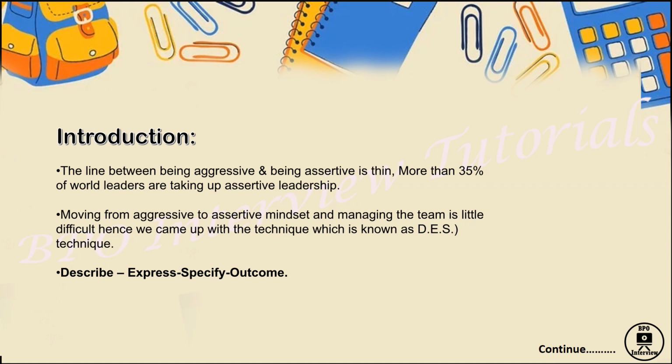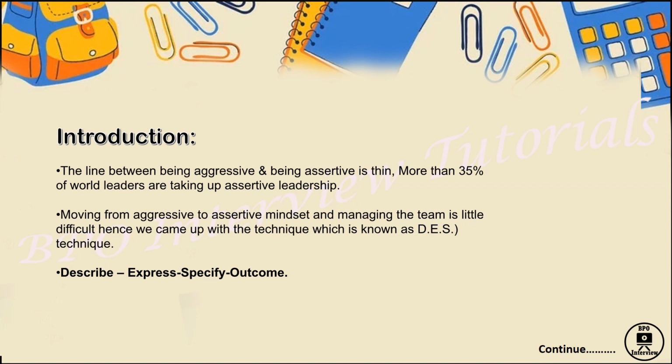The line between being aggressive and being assertive is thin. More than 35% of the world leaders are taking up assertive leadership. Assertive feedback means giving feedback in a very accurate and clear manner to the associates. Moving from an aggressive to an assertive mindset while managing the team is a little difficult. Hence we came up with a technique known as the DESO technique.